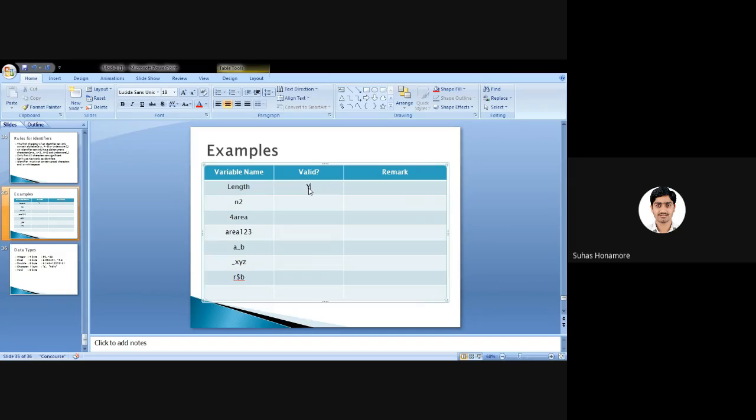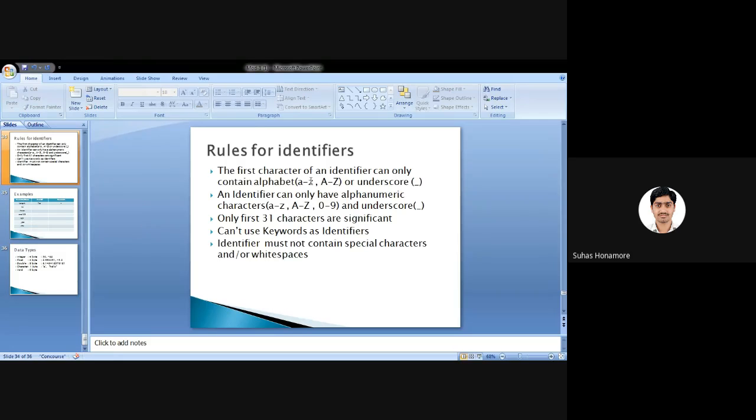Is it valid? Yes, I will write yes. A remark is not needed for valid ones; if it is invalid, we'll write the remark. Then next we have given n2. Is it valid or invalid? Valid. Okay, yes. Here the first one is n. As per the rule, the first character should be an alphabet or underscore.